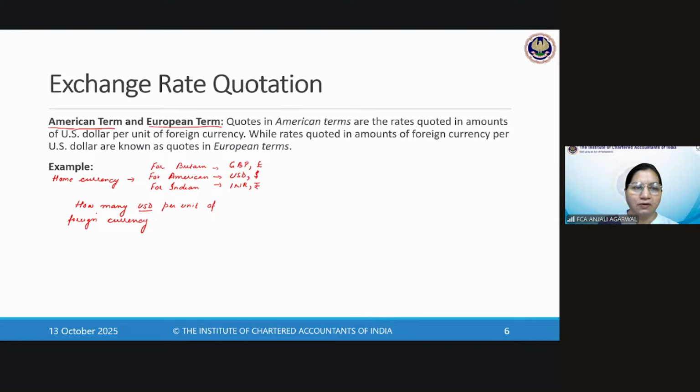Now, what is an American quote? An American quote is how many USD per unit of foreign currency, right? So if I write 1 USD equals 88.5 rupees, is it an American quote? You can type your answers in the chat window.